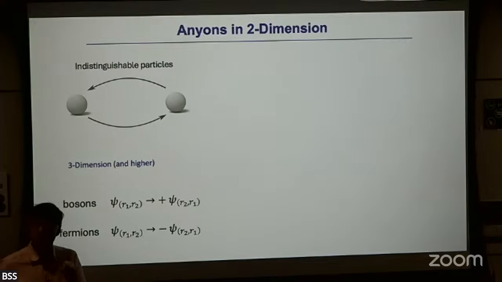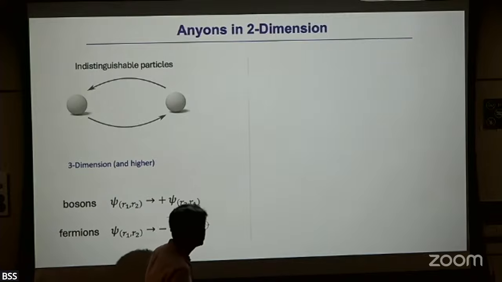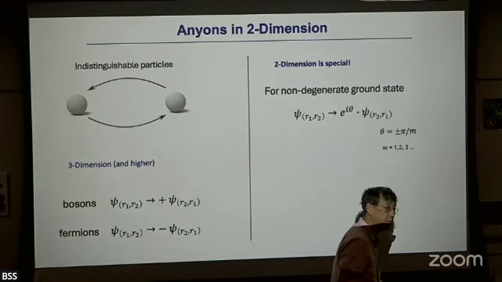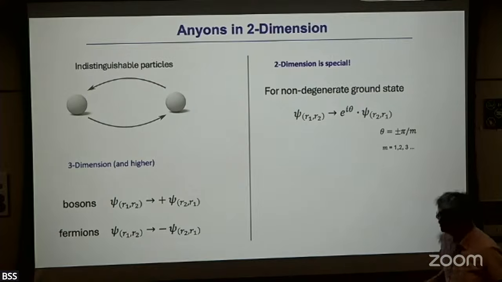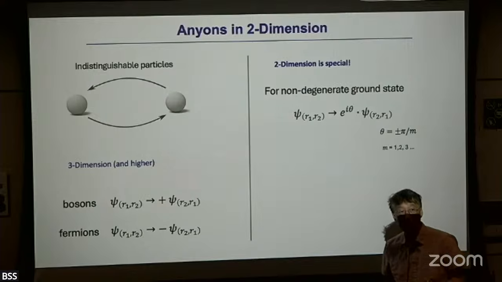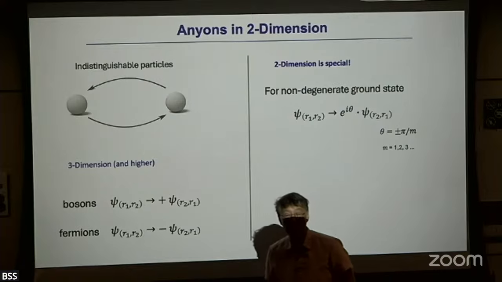That statement is only true in 3 dimensions. Once you get into 2 dimensions, in principle there can be different possibilities; different statistics are possible. Part of the reason is that in 2 dimensions, exchanging the particles, which is related to swapping the two particle positions, is related to the winding number of this operation, or the braiding operation.